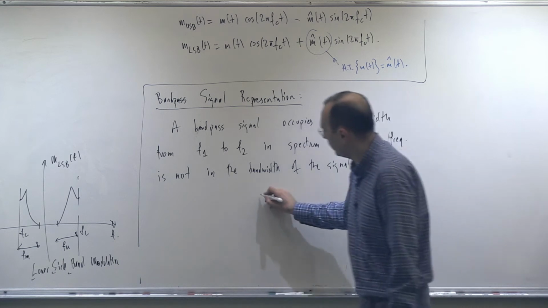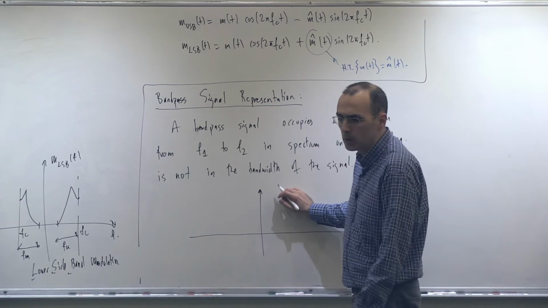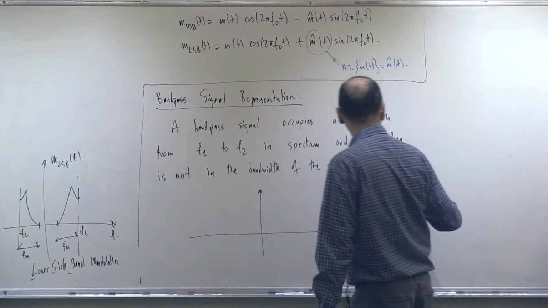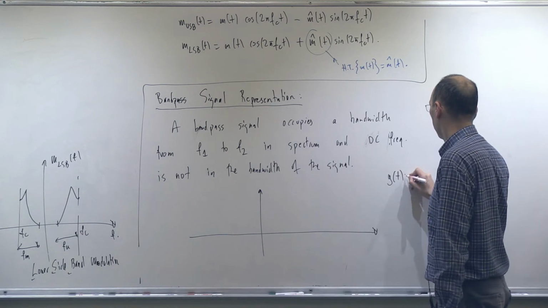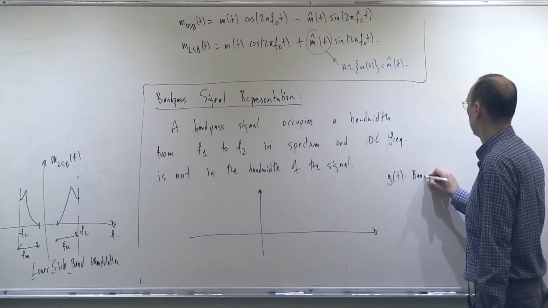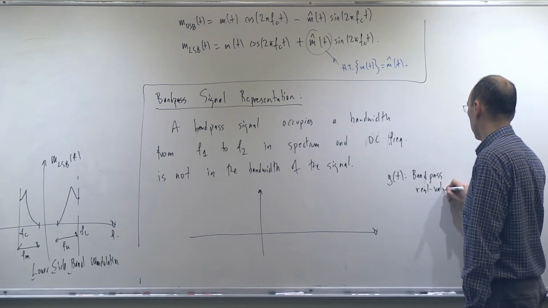So what do I mean by this? Well, here is this. Now, if I have g of t, this is the bandpass real valued signal.